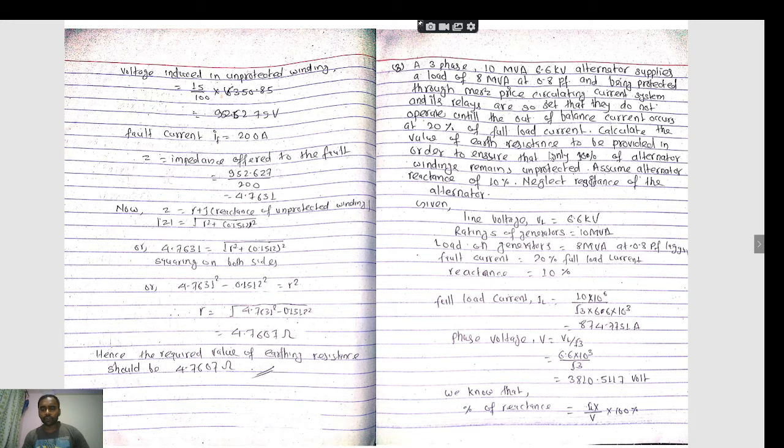Calculate the value of earth resistance to be provided in order to ensure that only 10% of the alternator winding remains unprotected. Assume alternator reactance of 10%. Neglect the resistance of the alternator.